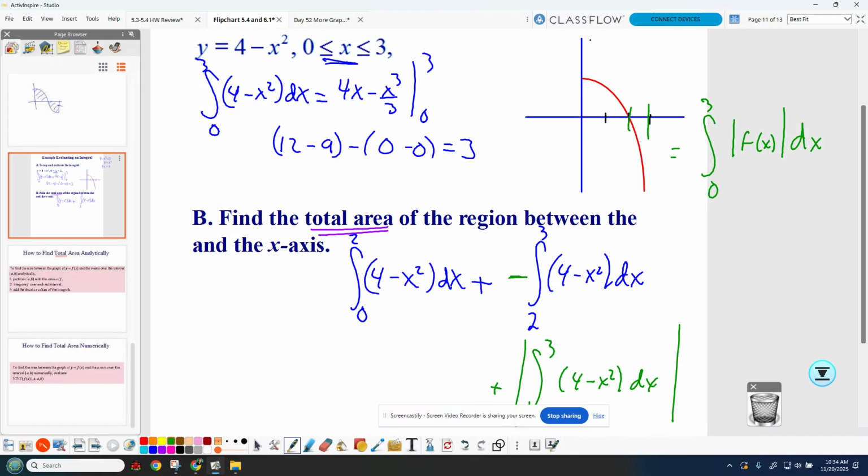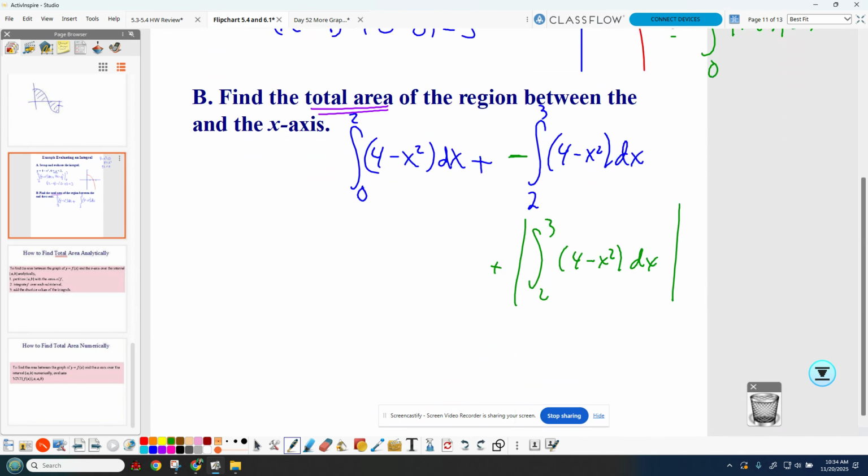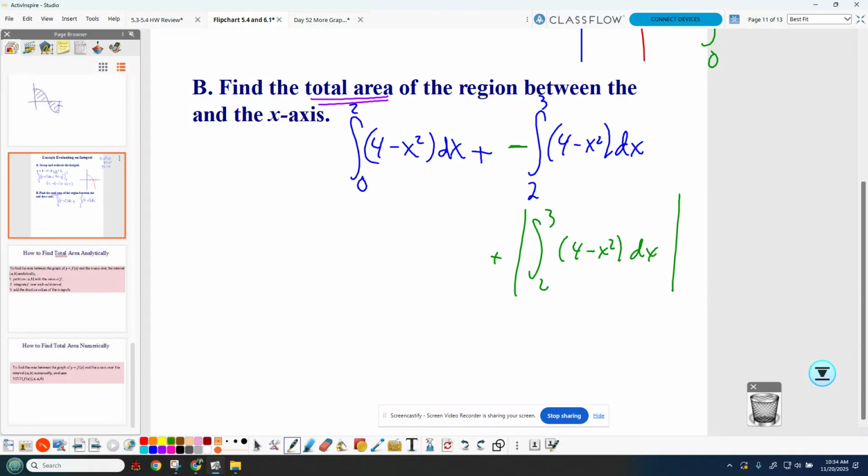Absolute value on the inside because it says, deal with the function first. If it ever went negative, flip it up and now find the area. So in this case, the bars are okay outside the whole thing or on the inside. They're going to have the same effect.